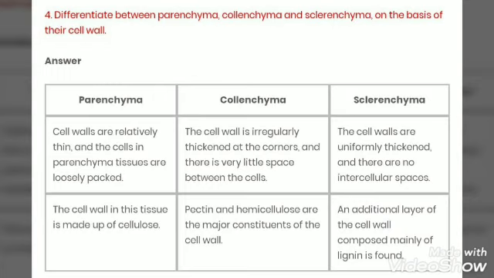Whereas in collenchyma, the cell wall is irregularly thickened at the corners and there is very little space between the cells. Also, collenchyma is made up of pectin. Whereas in sclerenchyma, the cell walls are uniformly thickened and there are no intercellular spaces at all. Also, there is an additional layer of the cell wall composed mainly of lignin.